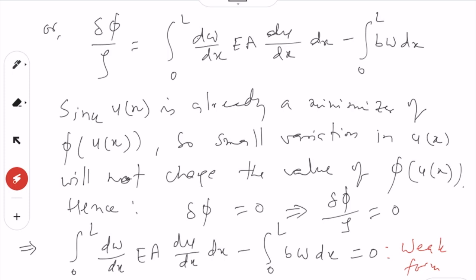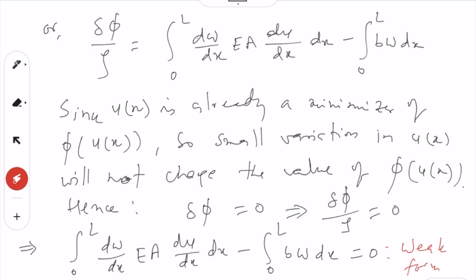Yes, this is a little bit mathematical point of view, right. So, we said phi is a functional, and the solution is a function which minimizes phi, and then you try to vary u little bit.